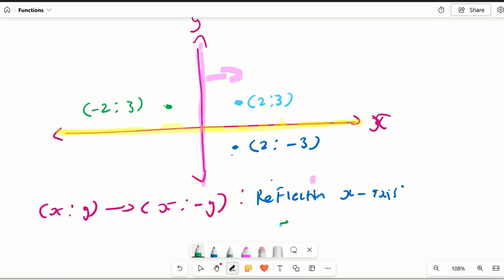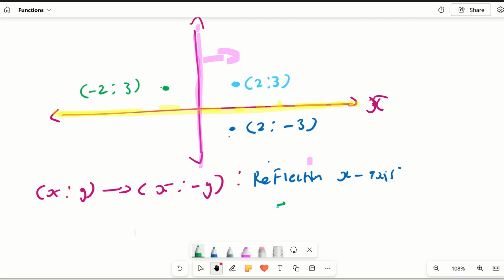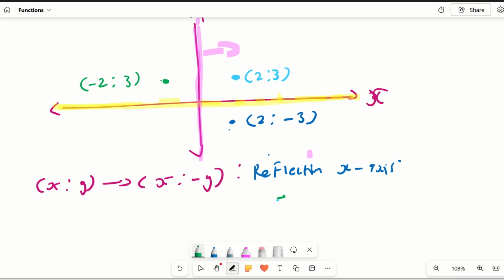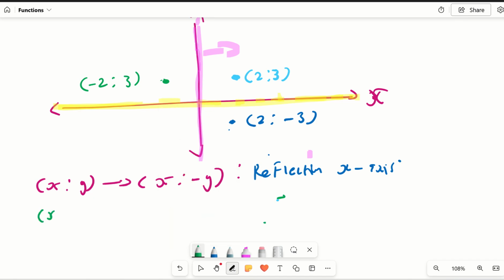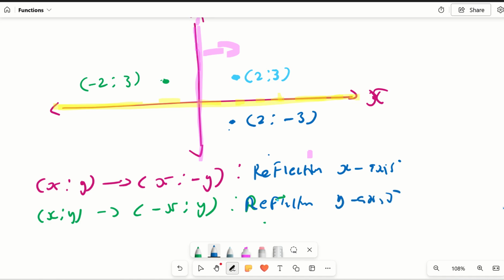Sharp. So this proves the reflection through the y-axis. The y coordinate doesn't change, but the x coordinate changes signs. So if a statement says (x, y) becomes (-x, y), this means that they reflected that point through the y-axis. Are we together?